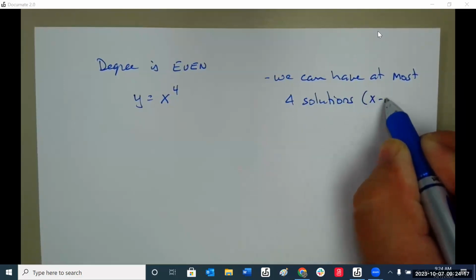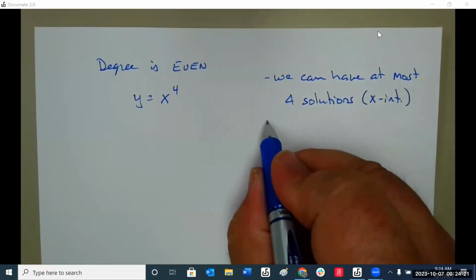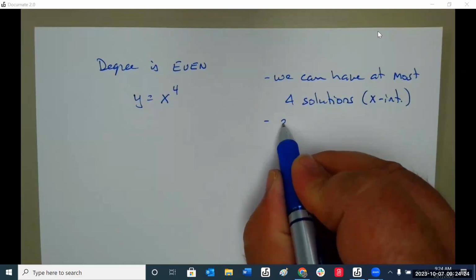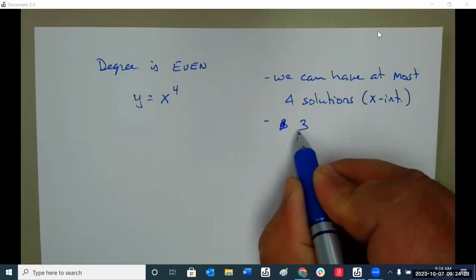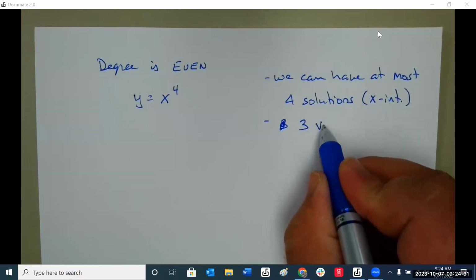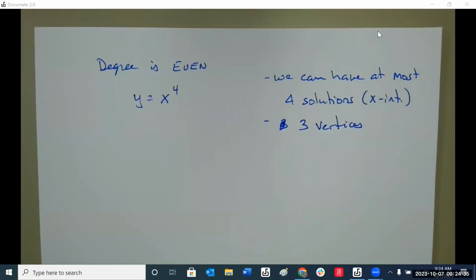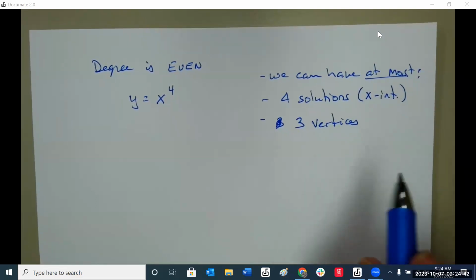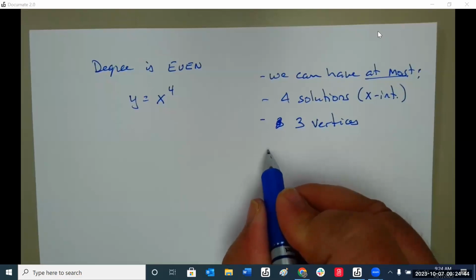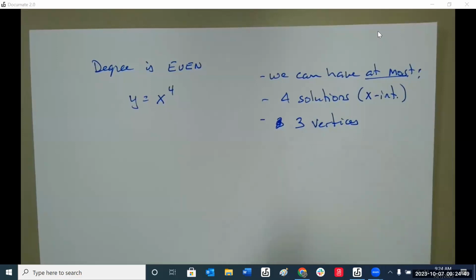Remember, solutions and x-intercepts are the same thing. At most 3 vertices. We can have at most 4 solutions, 3 vertices. And that's all it's going to tell us there.